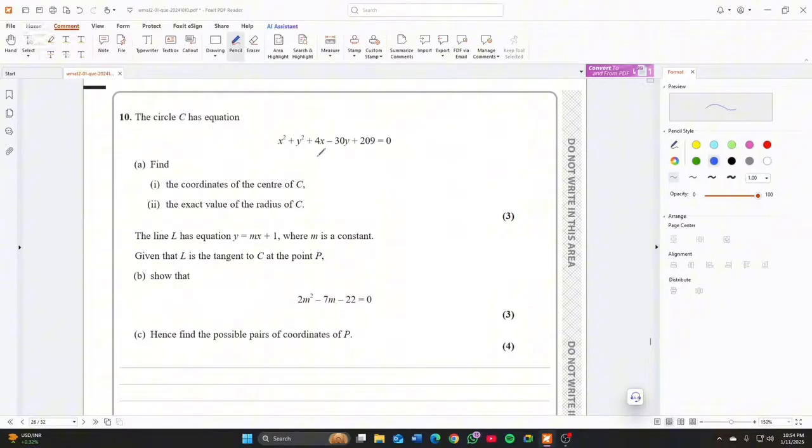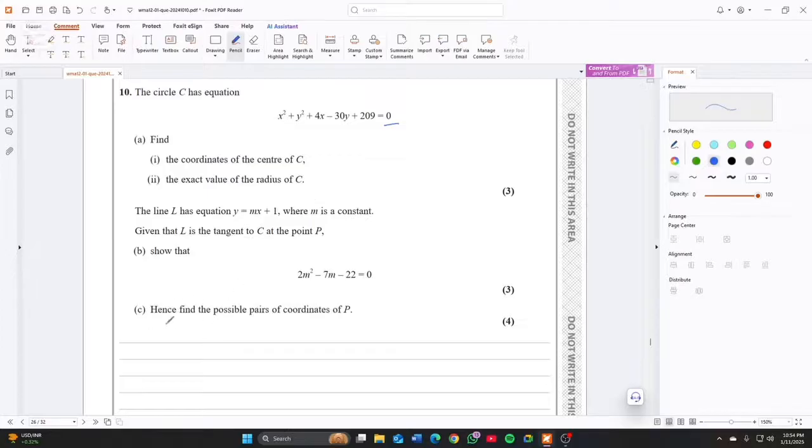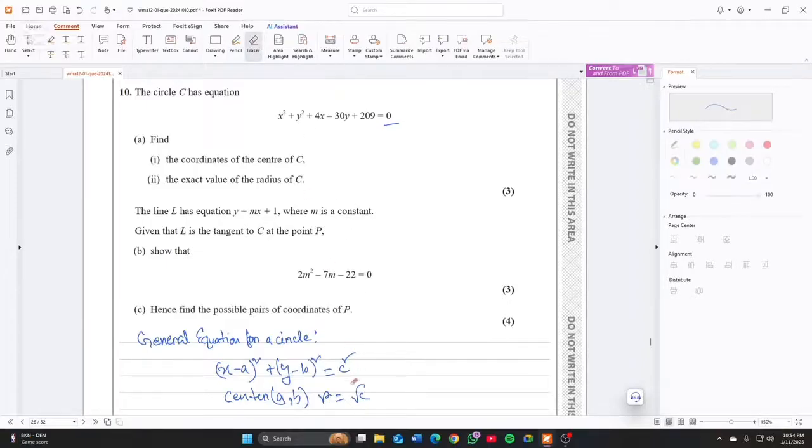So question 10 says the circle C has an equation of this, and we have to find the coordinates of the center of C and the exact value of the radius of C. So we know the general equation for a circle: x minus a whole squared plus y minus b whole squared equals c squared, where the center is a, b, and the radius is only c.